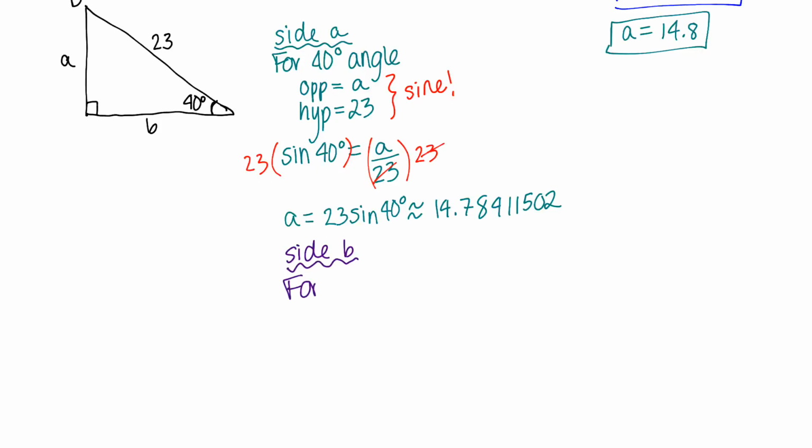So still looking at that 40-degree angle, now B, we want to use B and 23. So B is the adjacent side, and the hypotenuse is 23. With SOHCAHTOA, if you have adjacent and hypotenuse, that's going to be cosine.